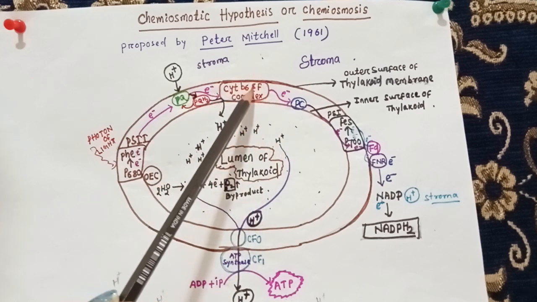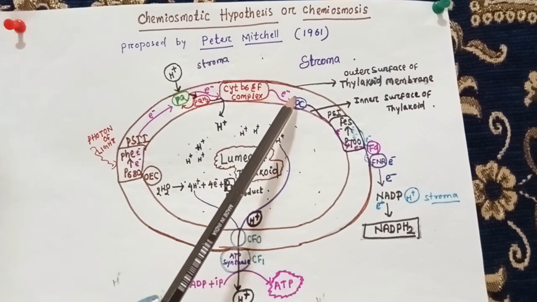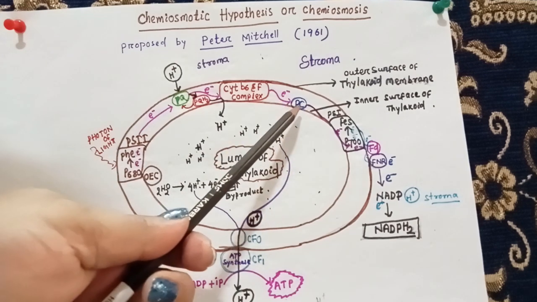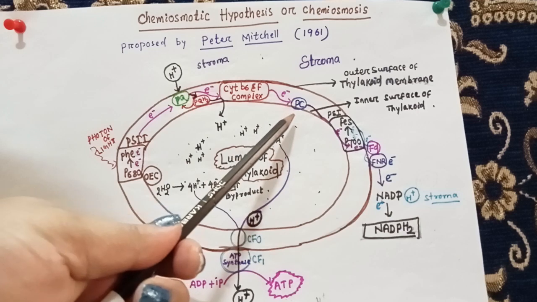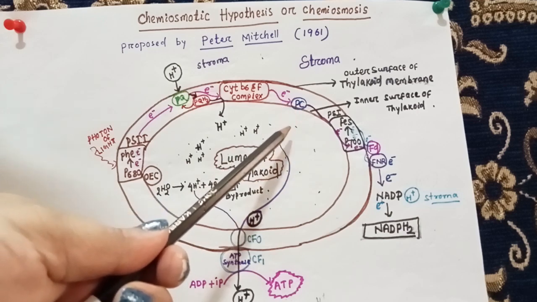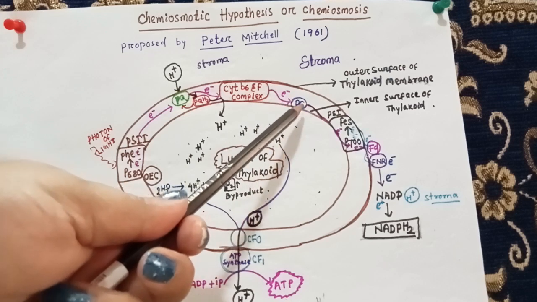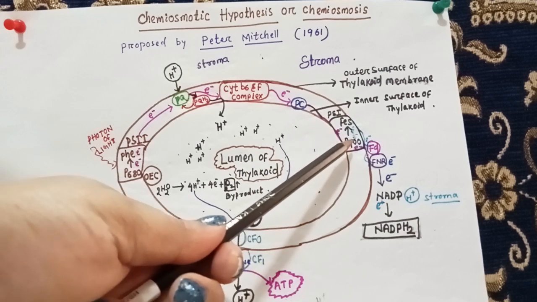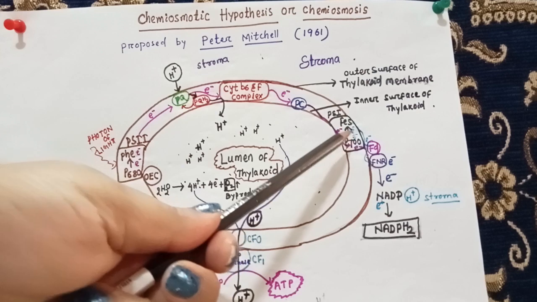From the cytochrome b6f complex, this electron is accepted by plastocyanin, and the plastocyanin is present on the inner surface of the thylakoid membrane towards the lumen. And then from this plastocyanin, this electron is picked up by the reaction center of photosystem 1.